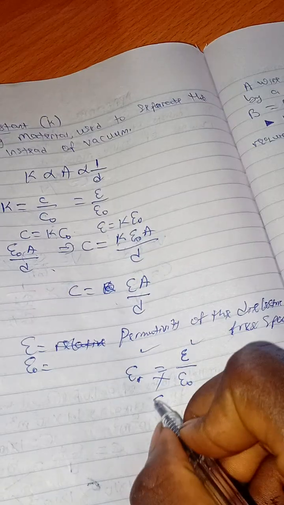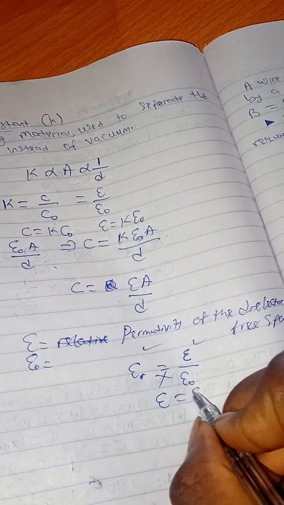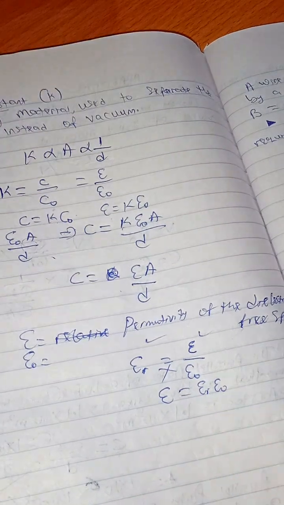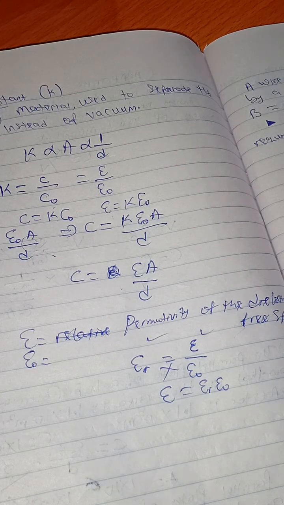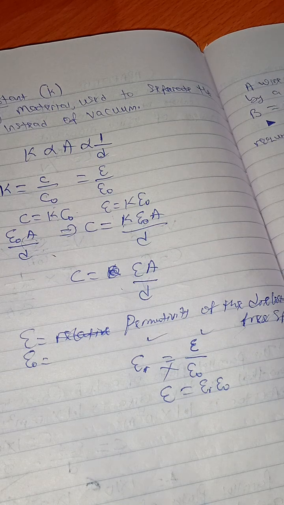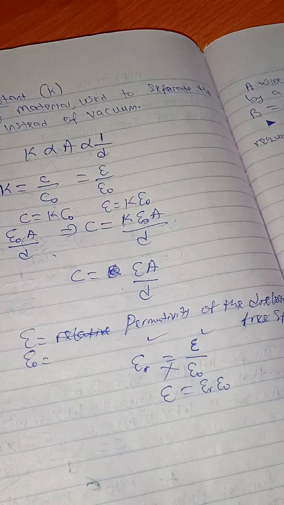So you cross multiply: the permittivity of the dielectric equals relative permittivity times E naught. Is this correct? I'm trying to remember. Let me check the relative permittivity. Yeah, I think that's correct.